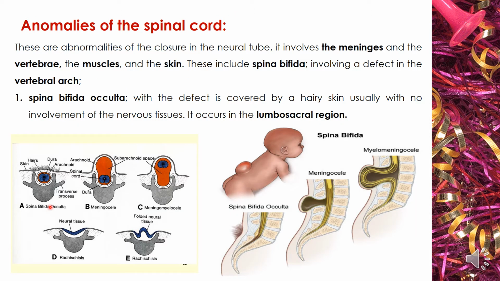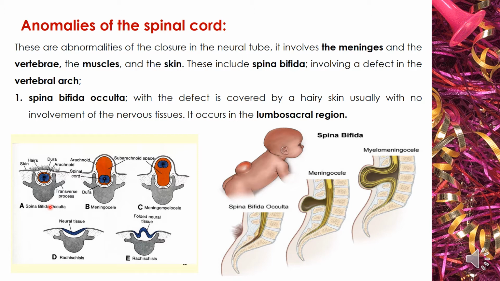Now, the abnormalities of the spinal cord. There are abnormalities of the closure of the neural tube. It involves the meninges, vertebra, muscles, and the skin. These include spina bifida, involving a defect in the vertebral arch.